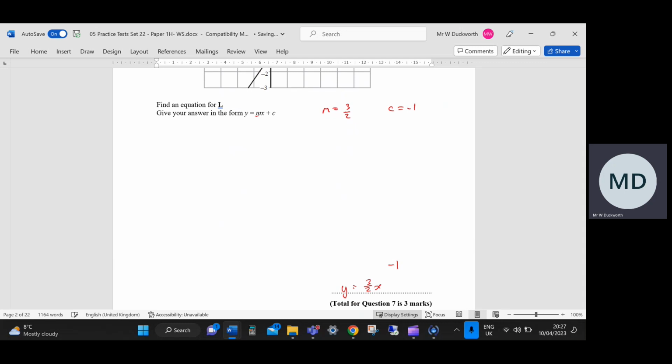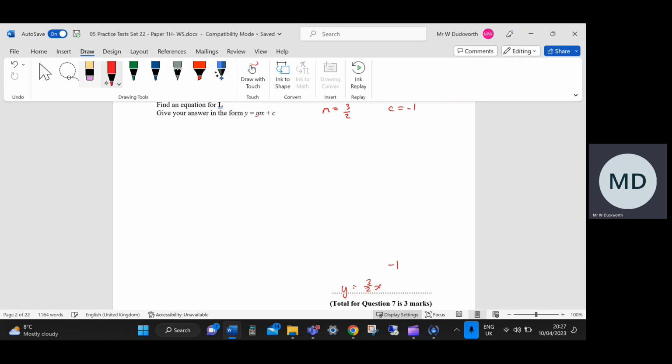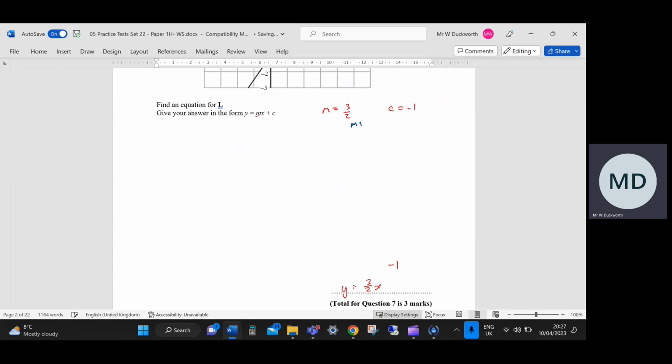So the mark scheme says a method for the correct method to find the gradient or the correct value of c. So straight away, I'm going to award it for the first one of the two. So that was my first one. And then an M1 for the use of y is equal to mx plus c with either m or c correct.